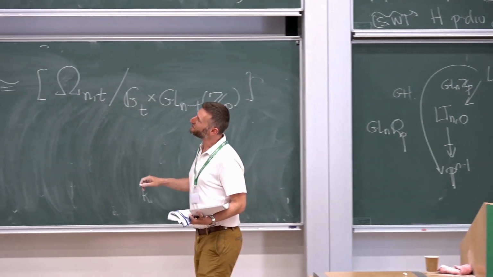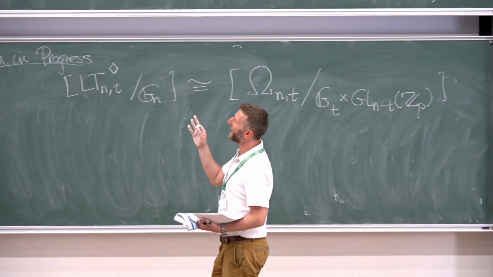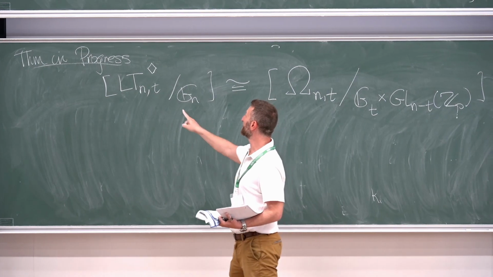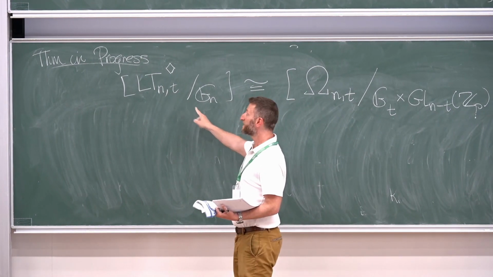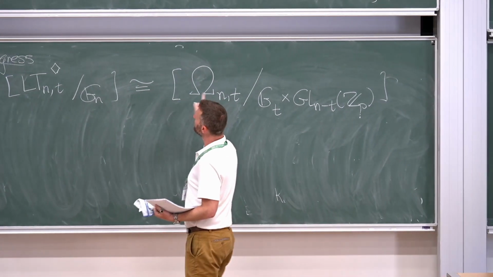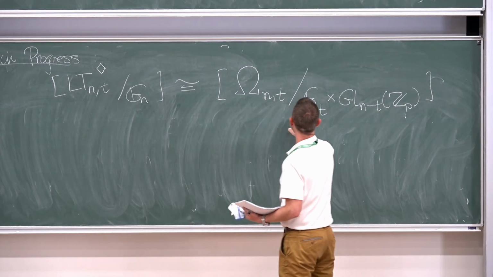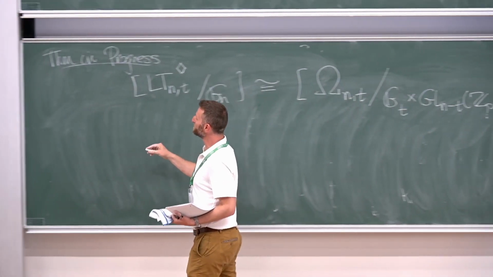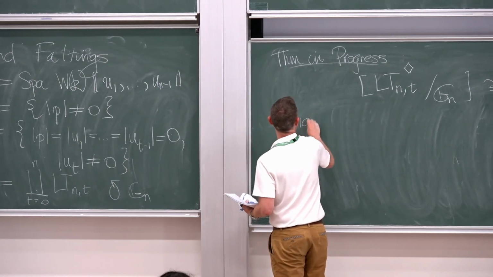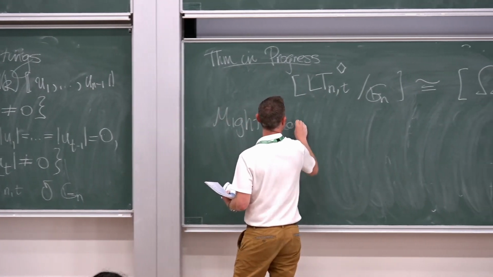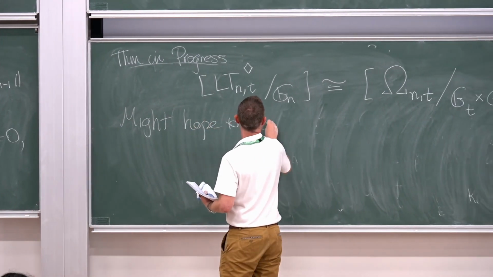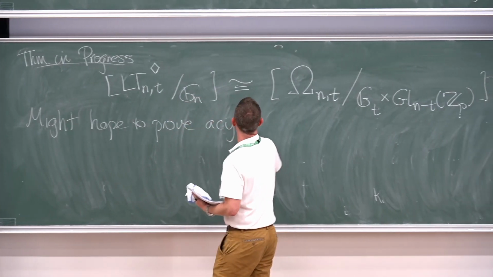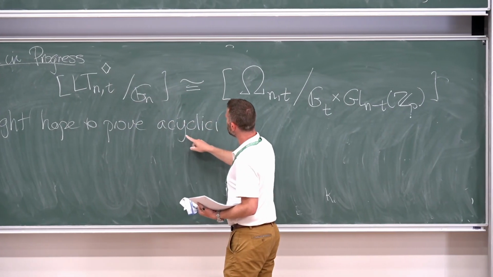And then if you could imagine trying to follow the same strategy as was done in the t=0 case, that leads you to ask the question of, when I take O cohomology on both sides, what's going on over here? So you might hope to prove the first result that you needed along the way, which is acyclicity.